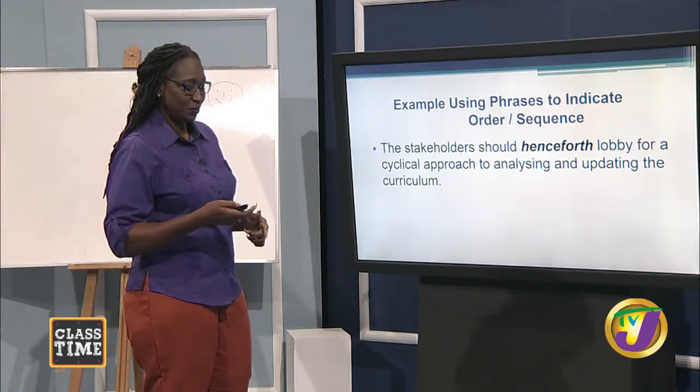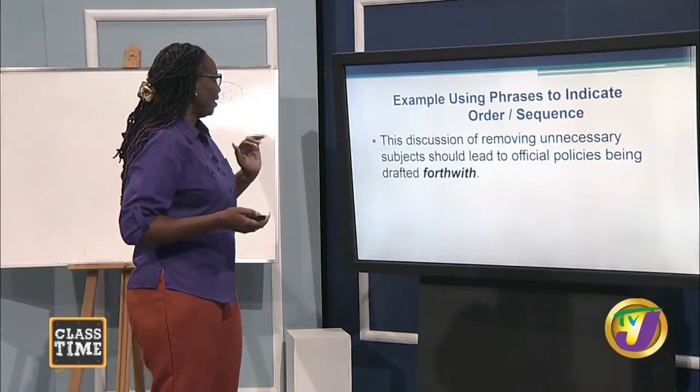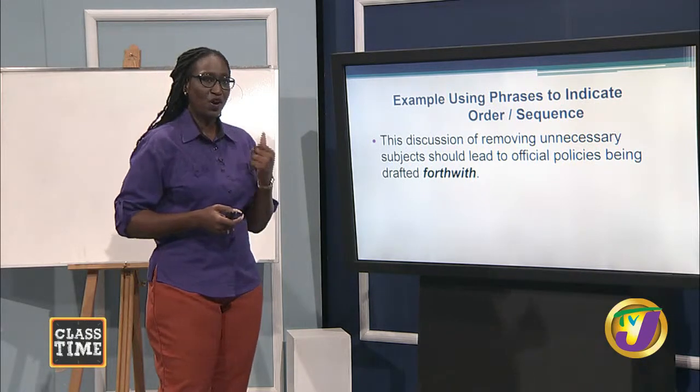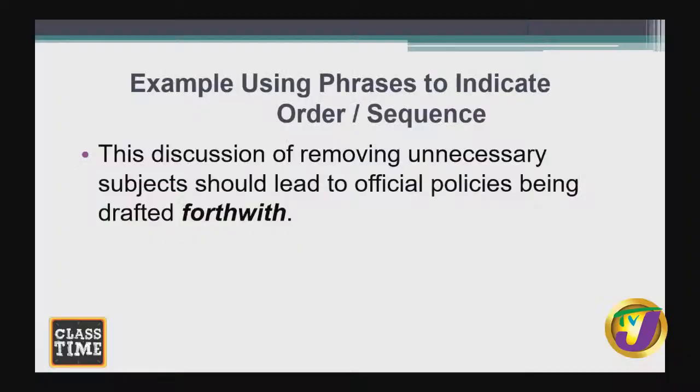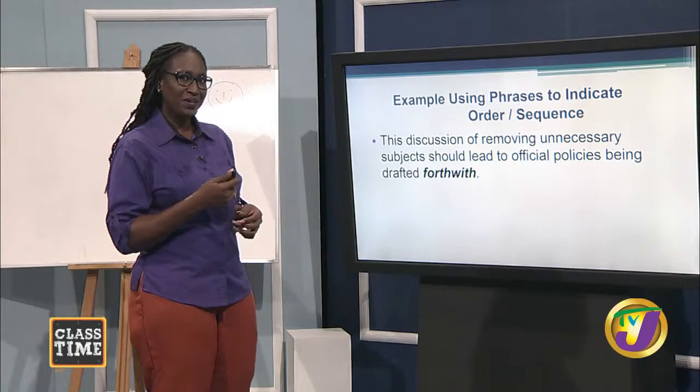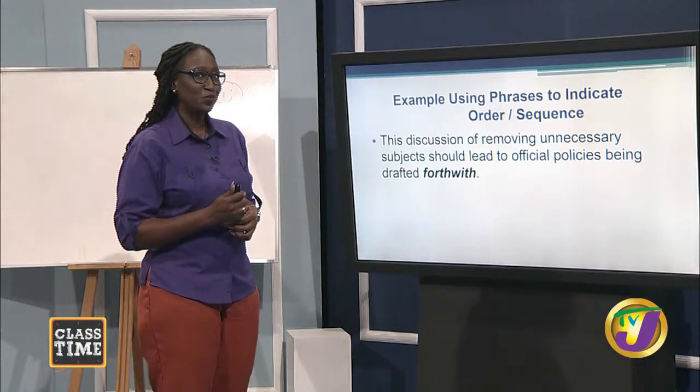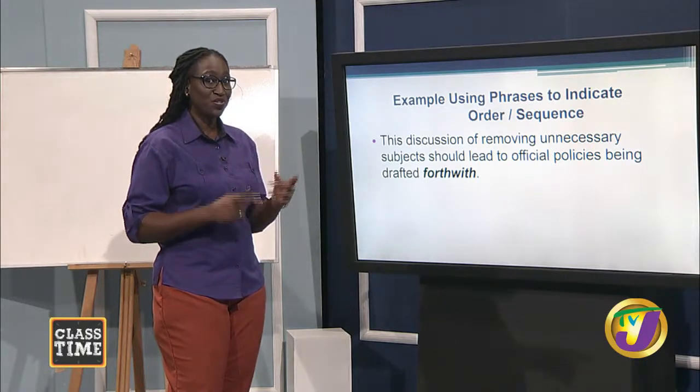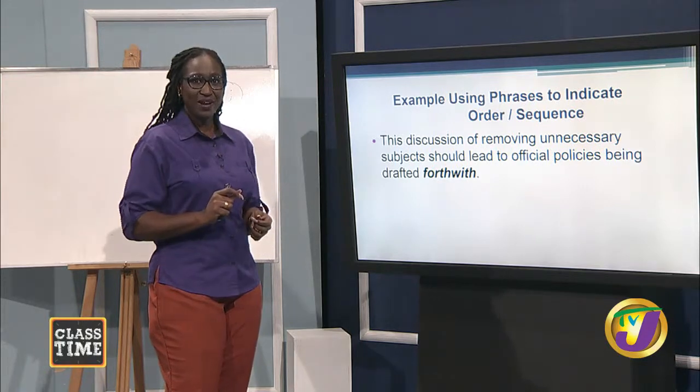Look at this other example. This discussion of removing unnecessary subjects should lead to official policies being drafted forthwith. Again, another unusual word. We don't see this every day. We don't hear this every day. But wouldn't it be great if you could use it correctly in your writing?